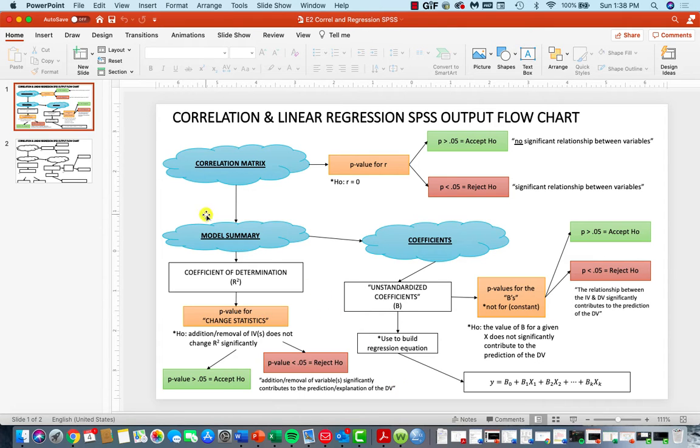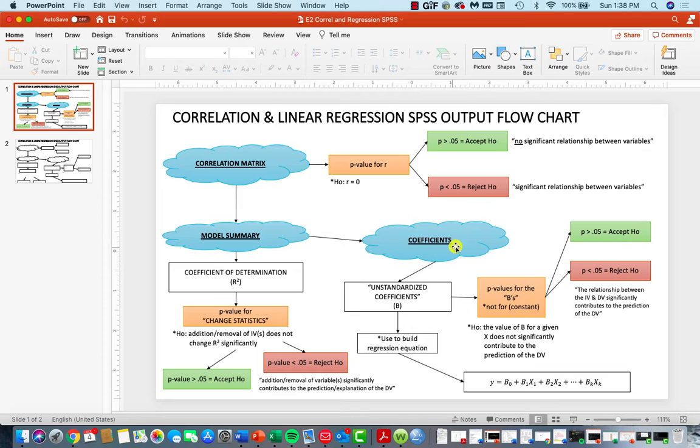So this is the model summary table, and usually we're going to go with the model number that provides us with the highest R-squared value, which more often than not is going to be the last model listed in the table. We have a good example of this in the activity video.